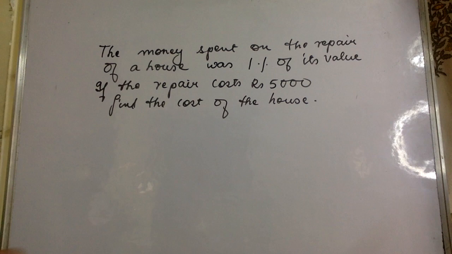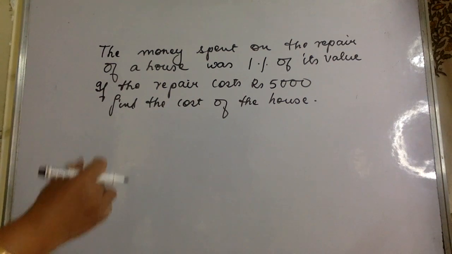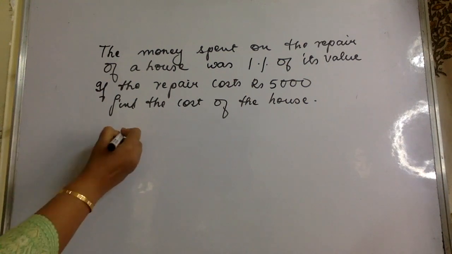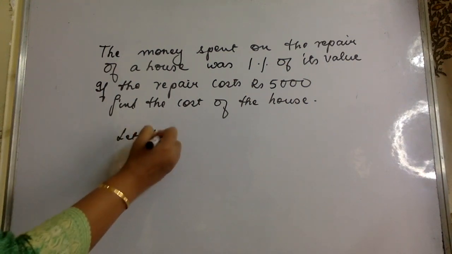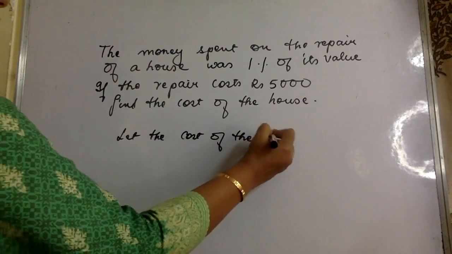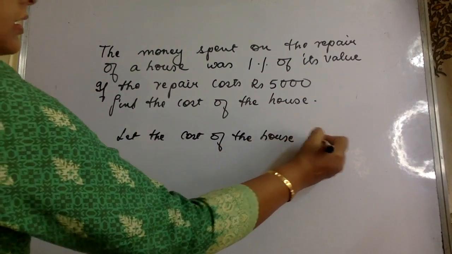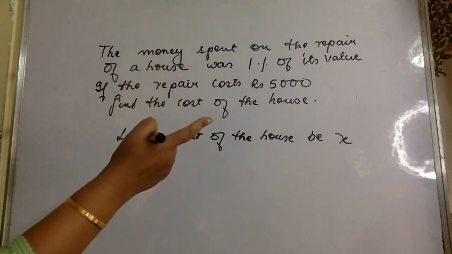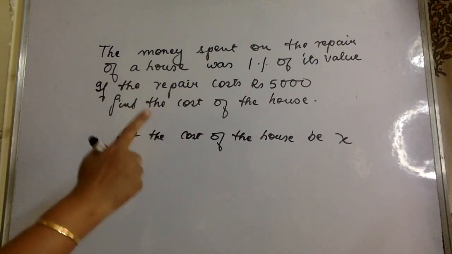X. Money spent on repair of a house was 1% of its value. Let the cost of the house be X rupees. Okay, then 1% of it was repair.